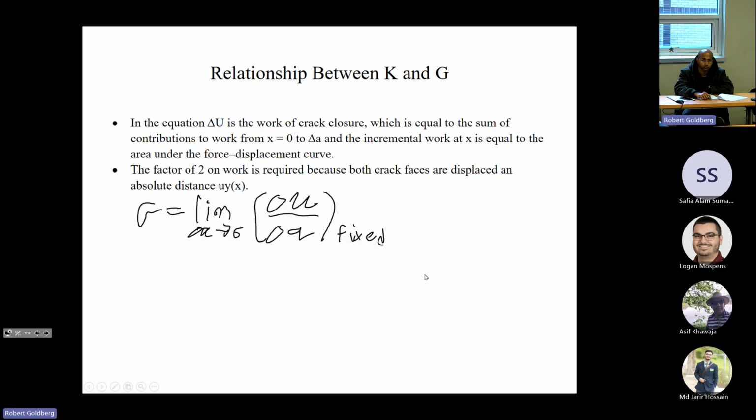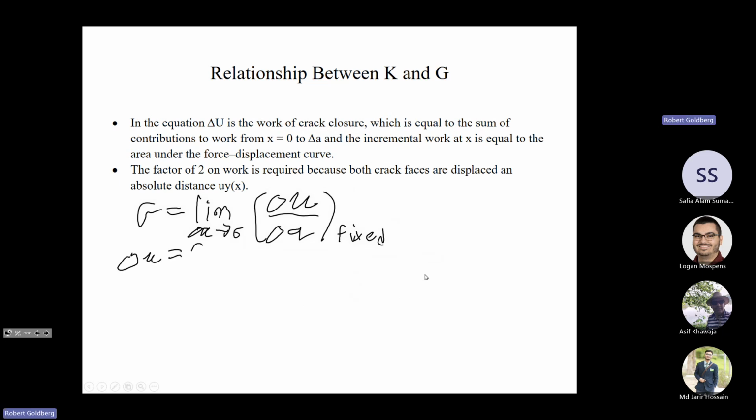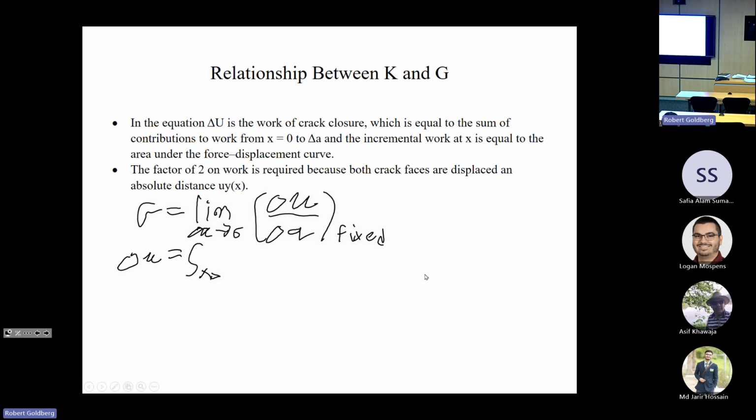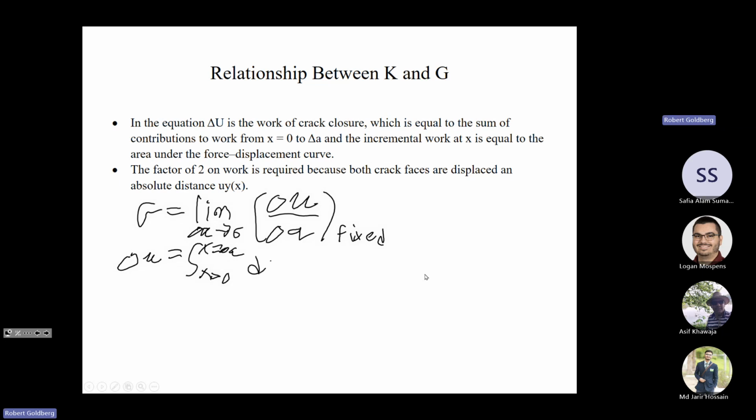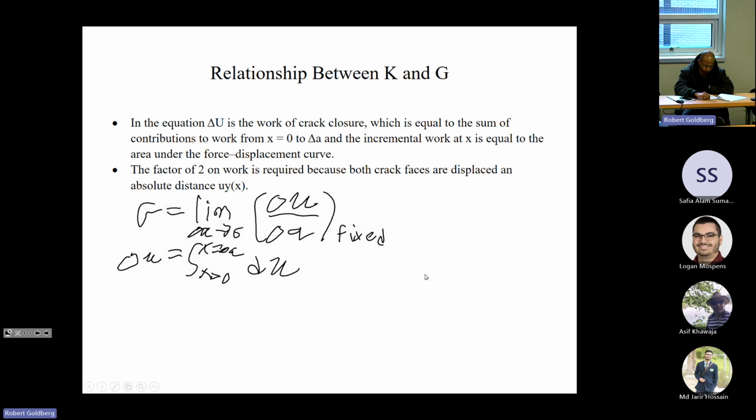So what we have then is that this delta U here is equal to the integral from x equals 0 to x equals delta a of our increments of strain energy as a function of x.